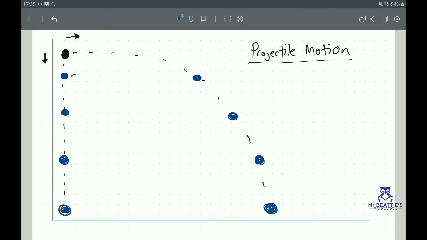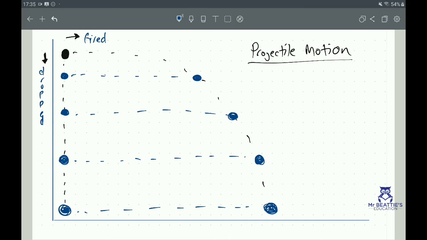So each of these will be in line with each other because they're both falling at the same rate, even though one has been dropped and one has been fired. Okay, so this is our dropped here, and this is our fired. And so you end up with something where everything falls at the same rate.